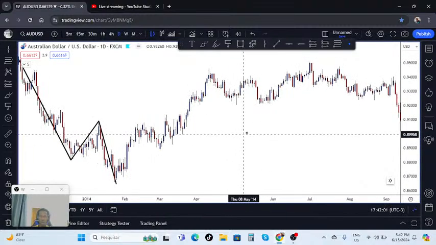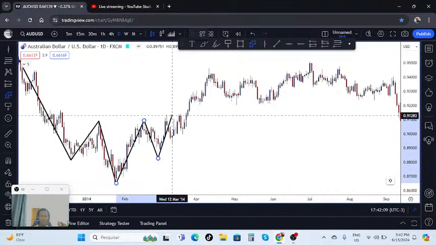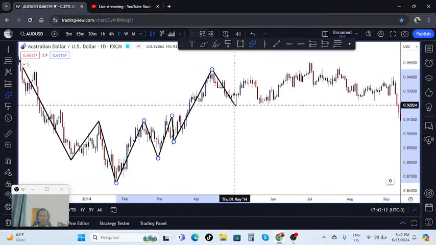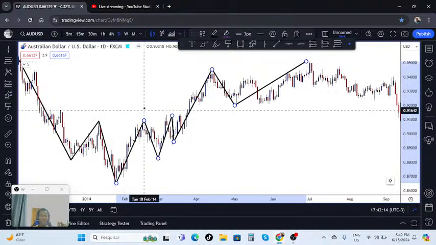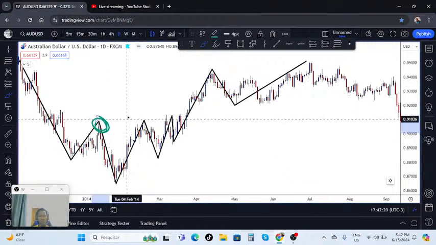Okay, let's forget about that. That is another scenario. So from here, the market made higher highs, right? The market started making higher highs, higher lows, higher highs, higher lows, higher highs, higher lows, and higher high. So the market terminated this down market structure retracement high here.